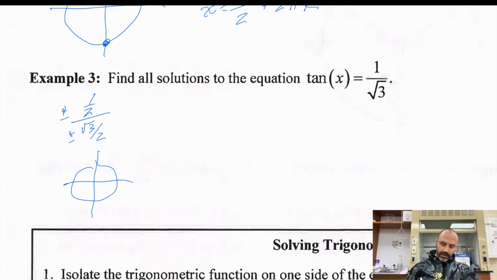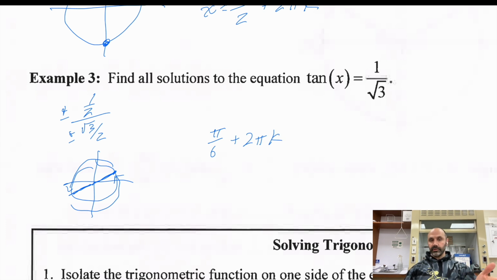Sine is 1/2 at this point here at pi over 6, and then also over here at 7 pi over 6. So the answer is pi over 6. Now, notice it's pi apart. So I only need to put pi over 6 and then plus 2 pi k. That covers all the other solutions, right?